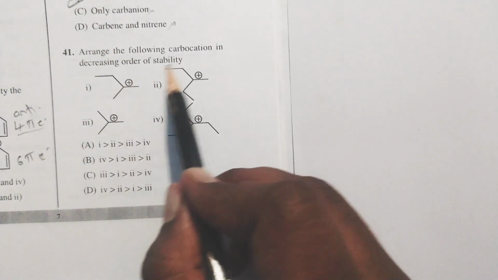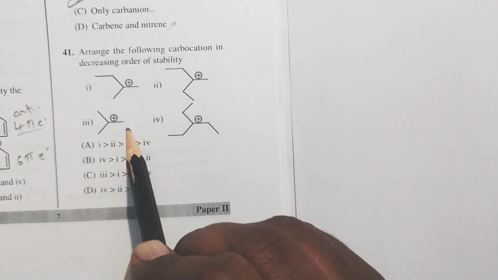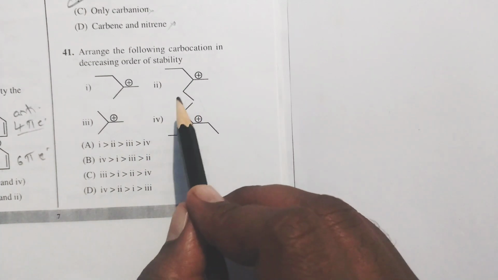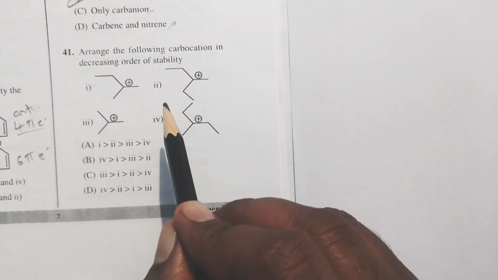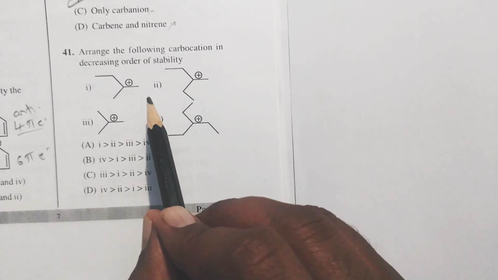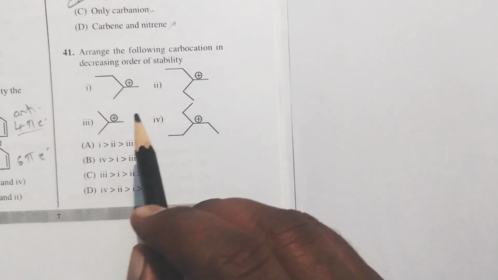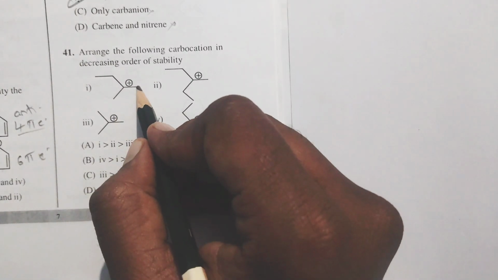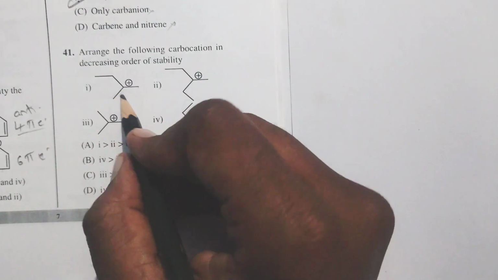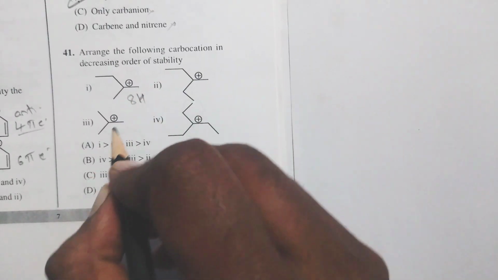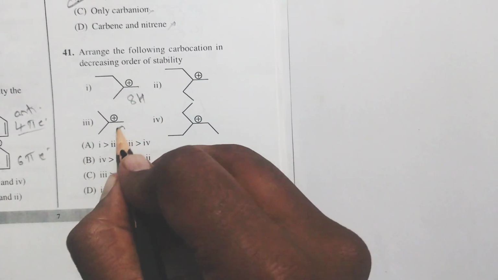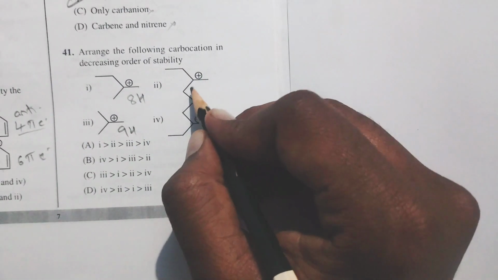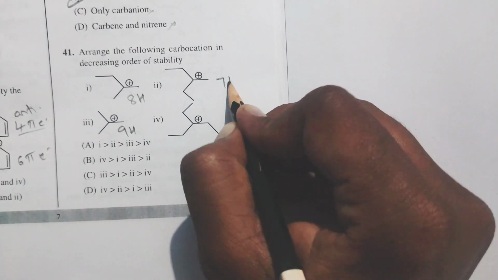The next one is, arrange the following carbocations in the decreasing order of stability. Again, there is no resonance. Hence, we have to find out only the hyperconjugation structures. Here, you can find 8 hyperconjugation structures because of 8 alpha hydrogens. Here 9 hydrogens. Here 7 hydrogens.